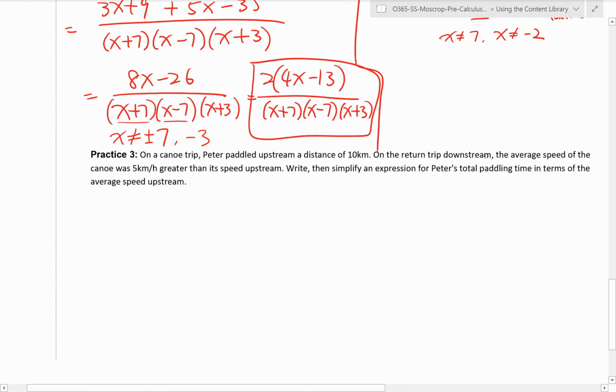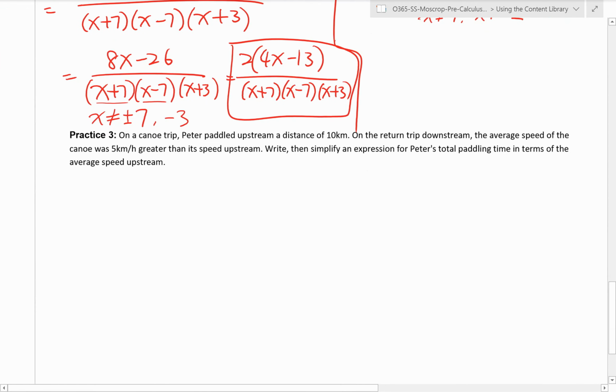All right, last example. We have some more problems, and ultimately we will do these a lot in the last section. Anyways, we can start thinking about it. We're not solving yet, we're just writing expressions. It says on a canoe trip, Peter paddled upstream a distance of 10 kilometers.